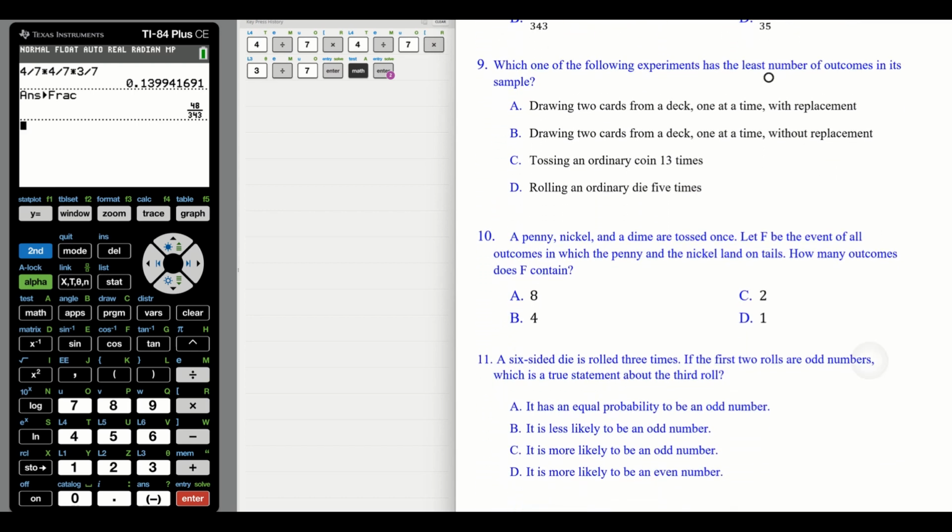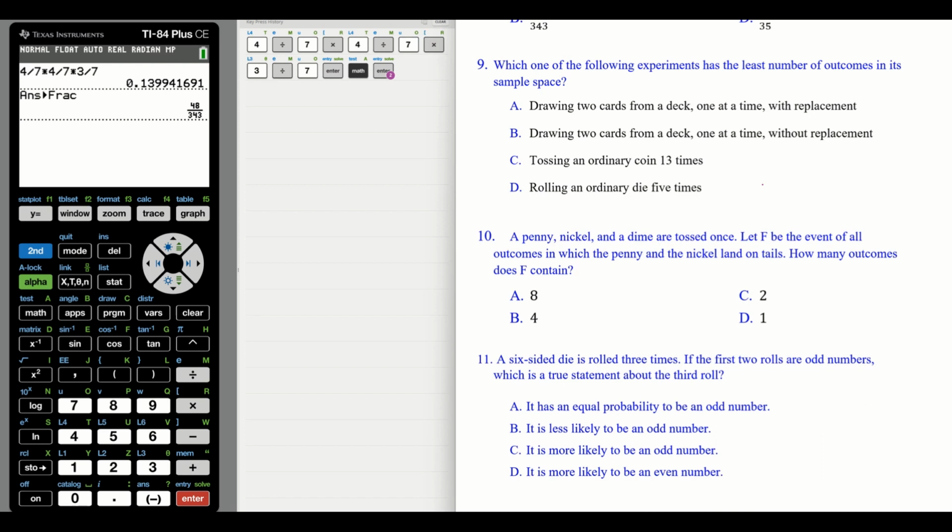Number 9. Which one of the following experiments has the least number of outcomes in its sample? That should say sample space. Let me add that real quick. Okay. All right. Let's look.